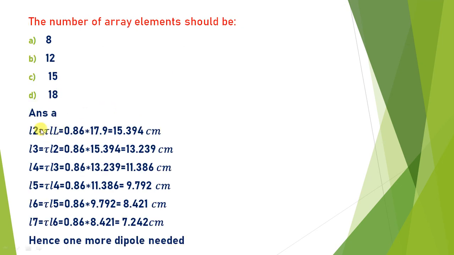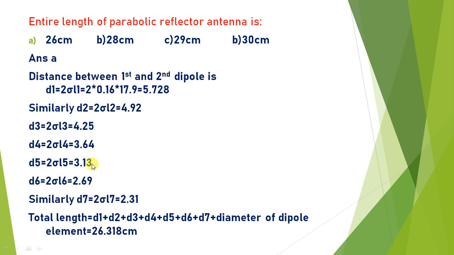L1 you have calculated in this part. Take all the values from L1, L2, L3 up to L7, and calculate D1, D2, D3, D4 and so on. Since we have a total of 8 elements, we have to calculate the distances from 1 to 7.